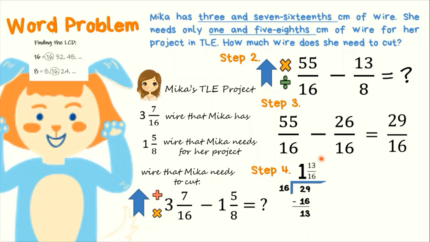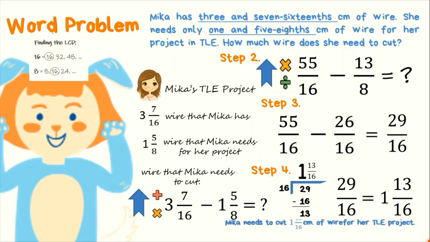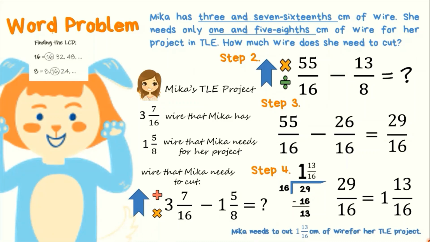Use the remainder as a numerator and then copy the denominator, which is 16. Kaya naman, si 29 over 16 is equal to 1 13/16. Therefore, Mika needs to cut 1 13 over 16 centimeters of wire for her TLE project.